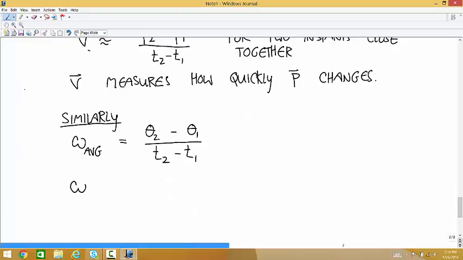So the instantaneous angular velocity, again, the one that we care about, is approximated by theta 2, theta at the later instant, minus theta at the earlier, divided by the elapsed time for t1 and t2 close together.